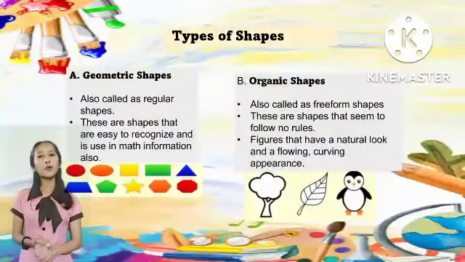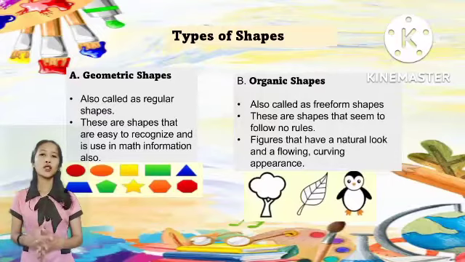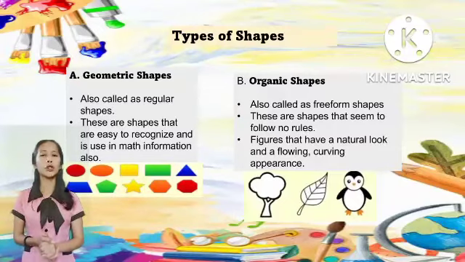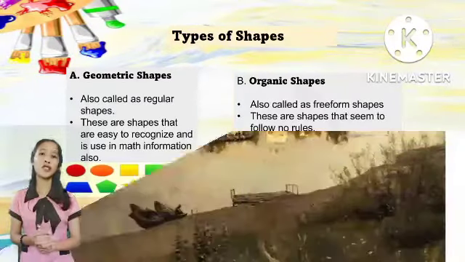Now, let's move to the second type of shape, which is organic shape, also called freeform shapes. These are shapes that seem to follow no rules. They are figures that have a natural look and a flowing, curving appearance. Organic shapes are irregular or asymmetrical. You will encounter them frequently when painting landscapes.